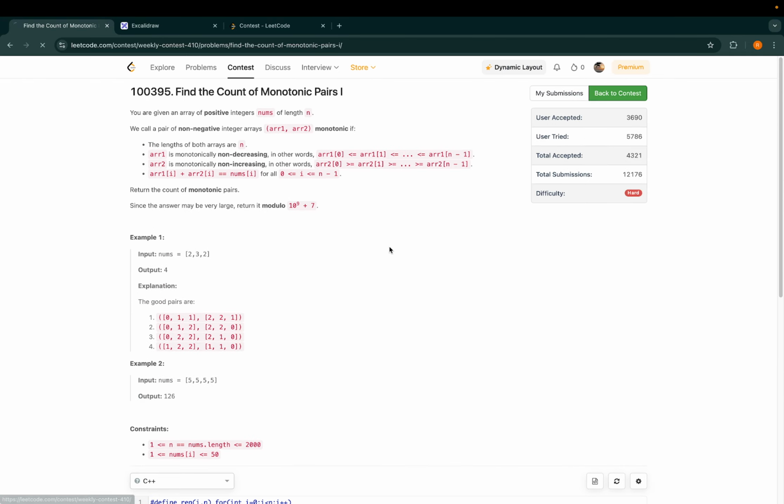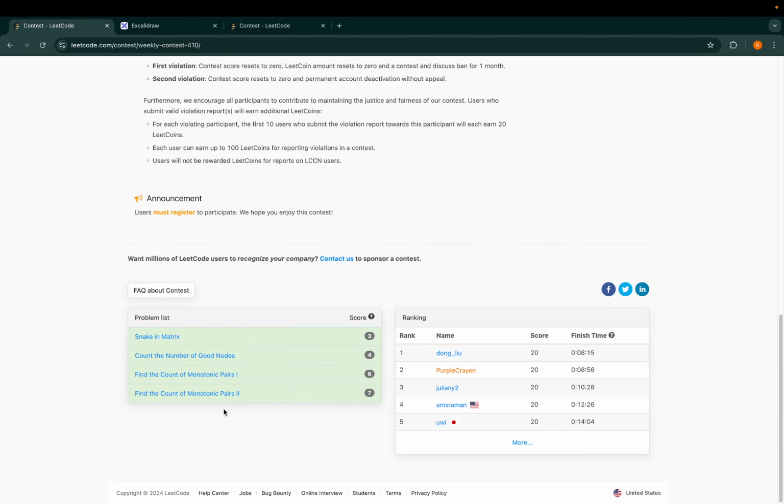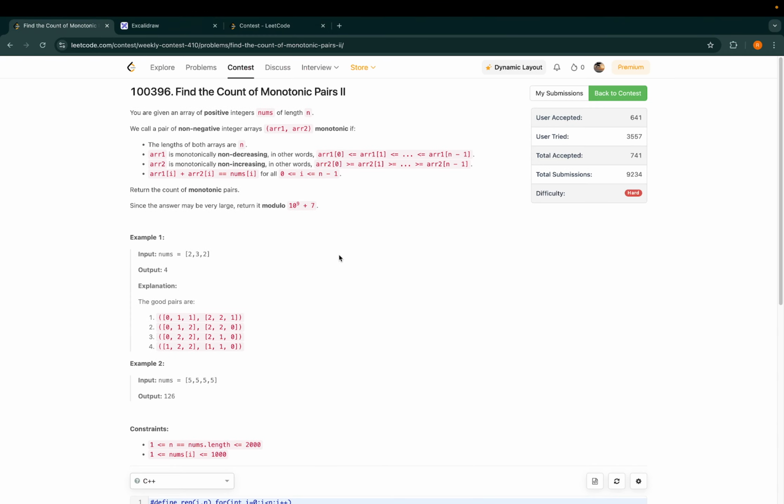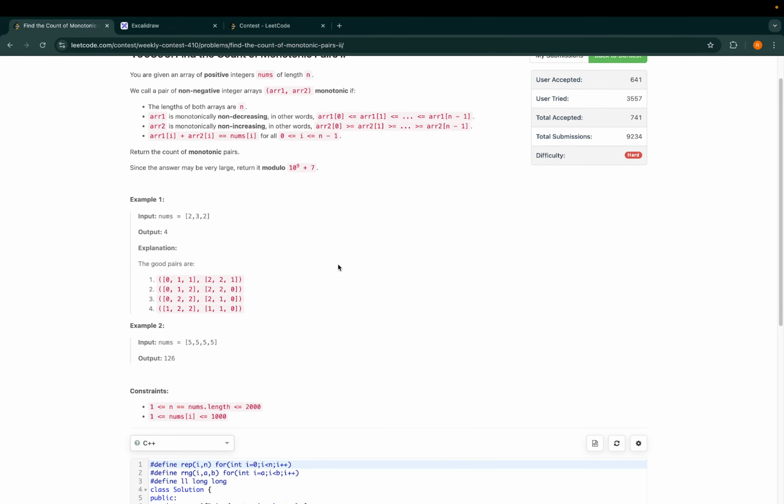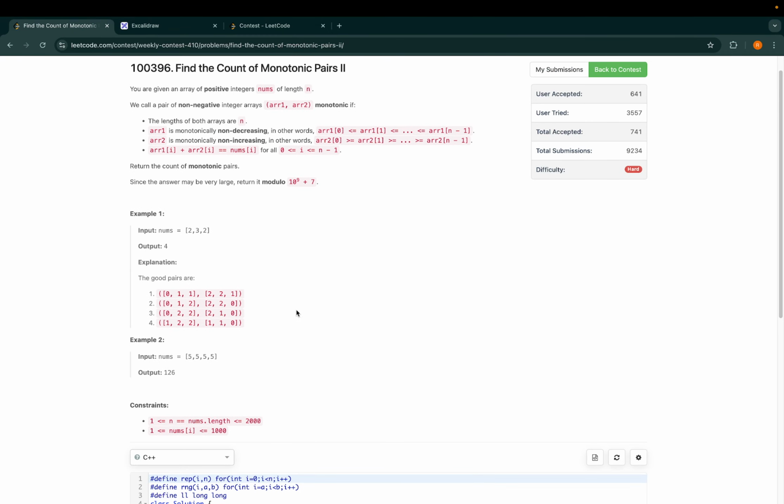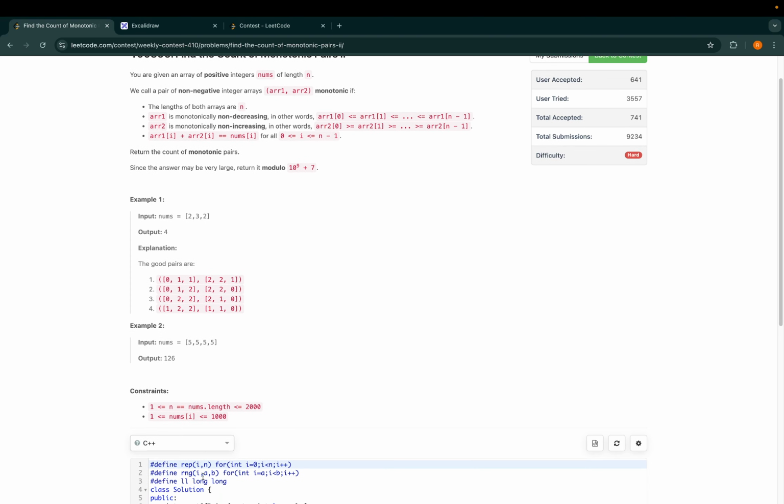Okay, so coming to the fourth problem. Now here's where things get tricky. Your number of numbers remains 2000, but your numbers can go up to 1000.